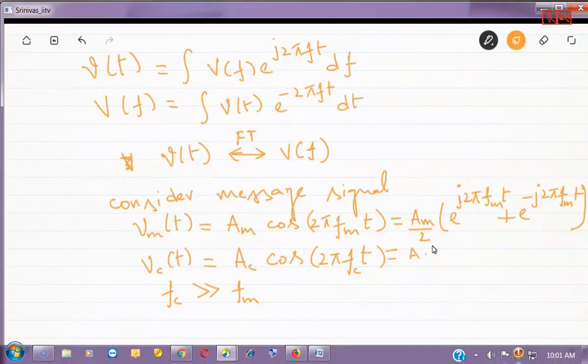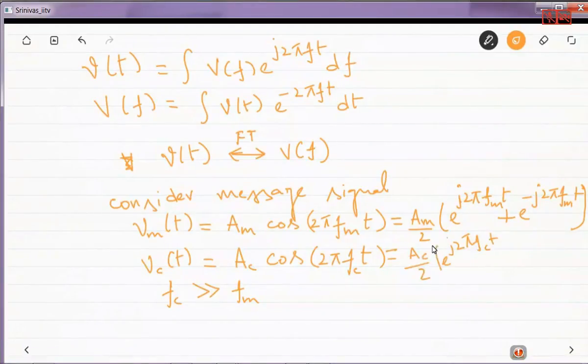And e power j 2 pi fc t plus e power minus j 2 pi fc t. So there is a minus sign here, right? Now let us assume we are multiplying these two signals.